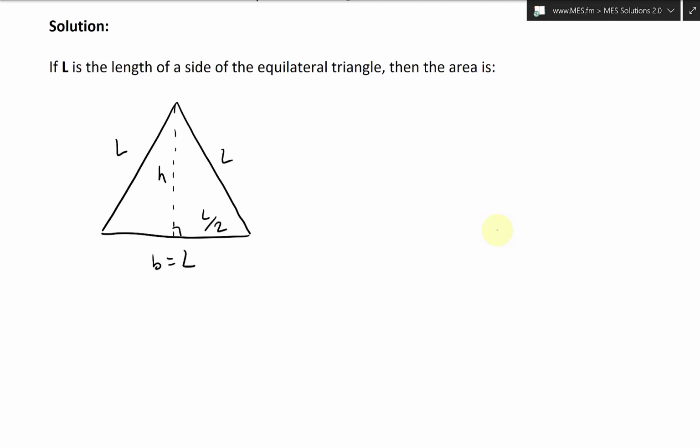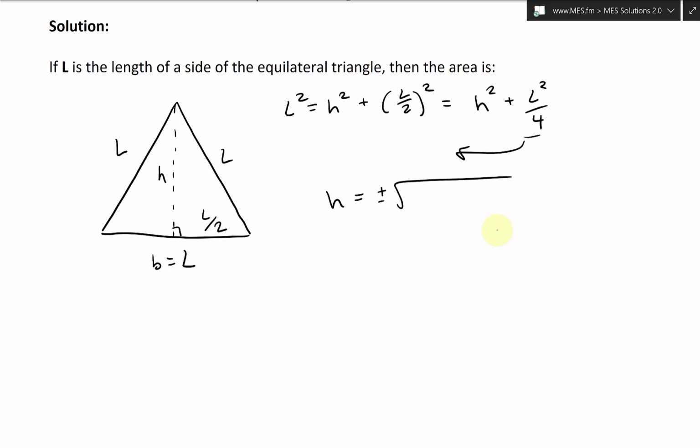Recall Pythagoras: L squared equals H squared plus (L over 2) squared, which equals H squared plus L squared over 4. Move this over to the other side, and then take the square root. We get H equals plus or minus the square root of L squared minus L squared over 4.